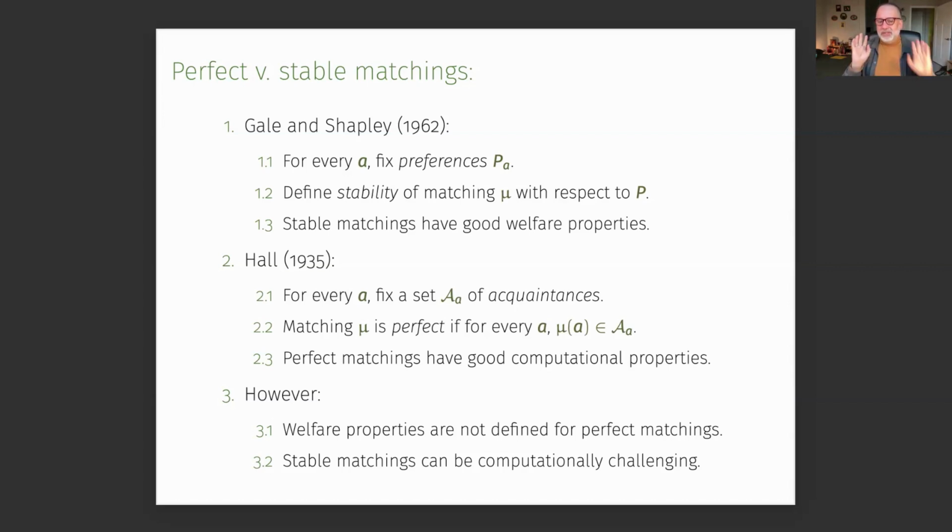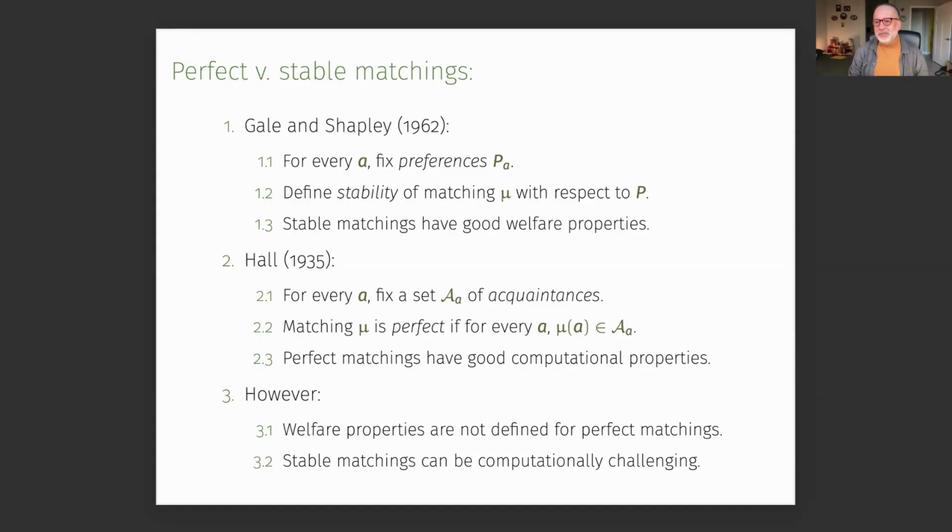So our starting point is the observation that there are these two strands of literature: one that works very well from the point of view of computation, but is less useful for an economist because it doesn't allow us to say anything about welfare, and the other, which is very good from the point of view of welfare, but still poses some computational challenges.